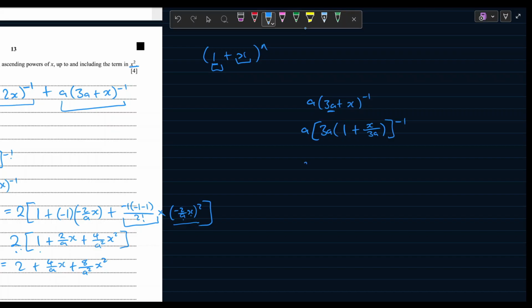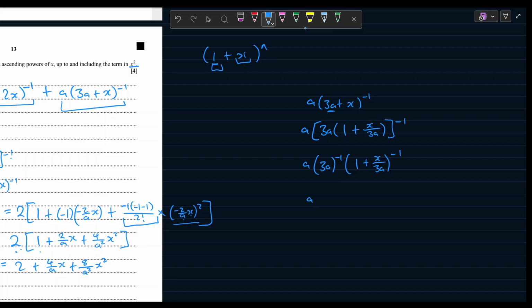Distribute the power negative 1 so that this is a times (3a)^(-1) times (1 plus x over 3a)^(-1).